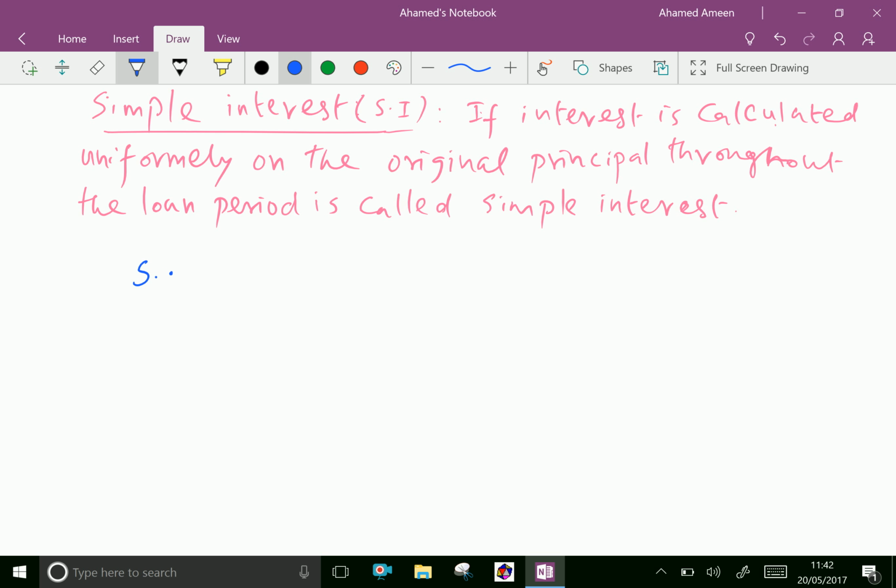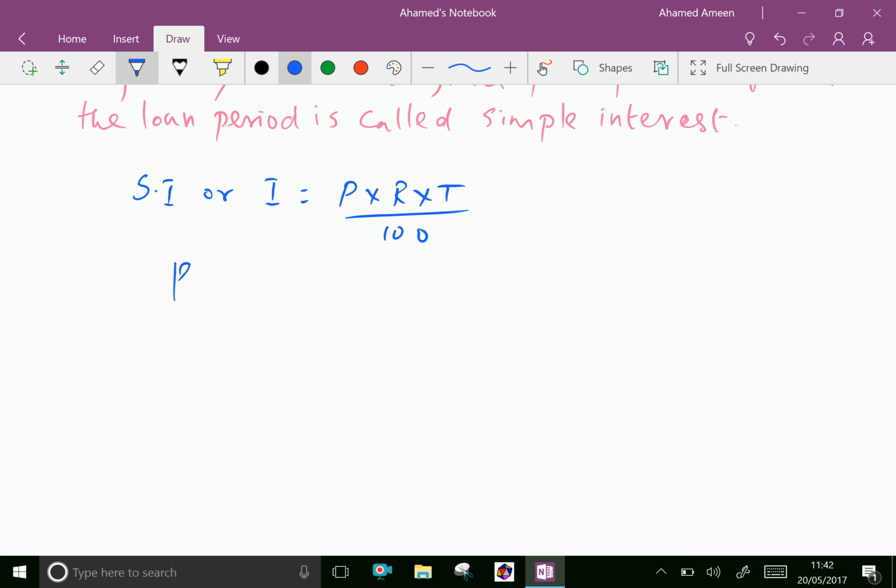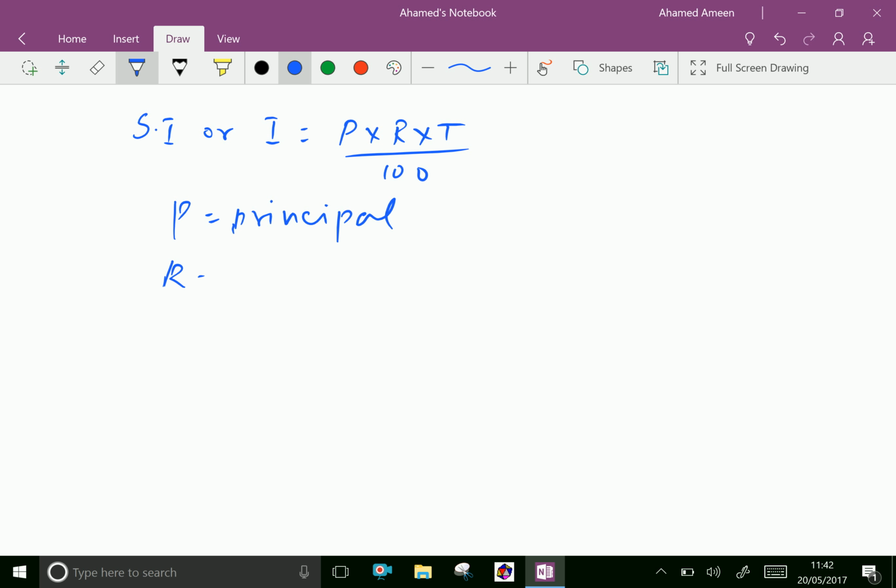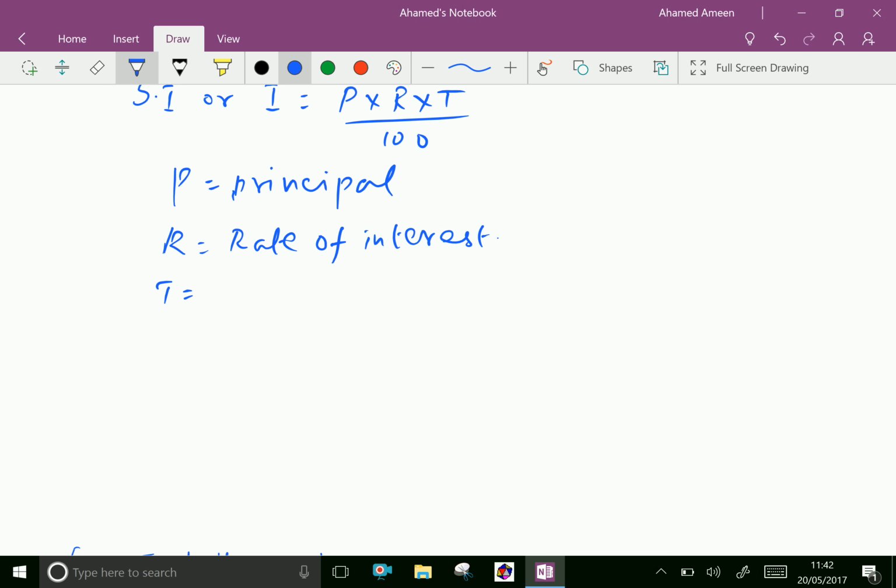Simple interest, SI or I, equals P into R into T upon 100, where P equals principal, R equals rate of interest, and T equals time period, probably in years.